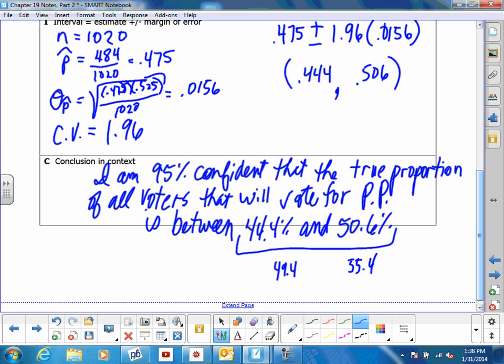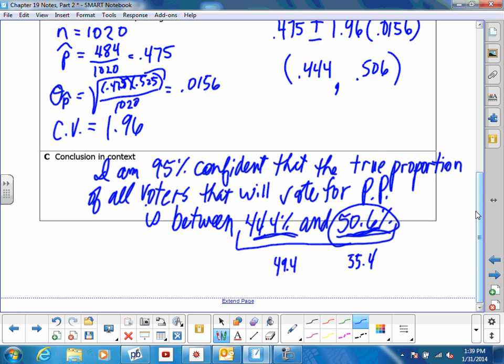The point is this. You do not have the right to say it is more likely he will lose the election. Because according to this, there is a chance he will win. So all you can say is, basically it's inconclusive. He might win, he might lose. Don't say it's more likely he will lose. Bad.